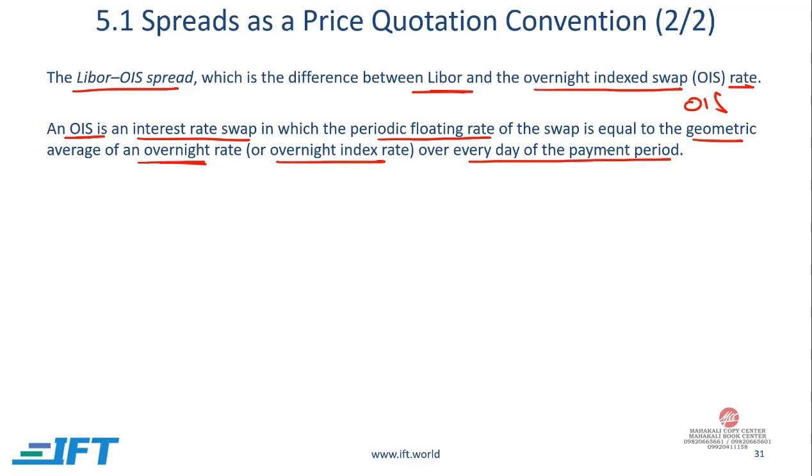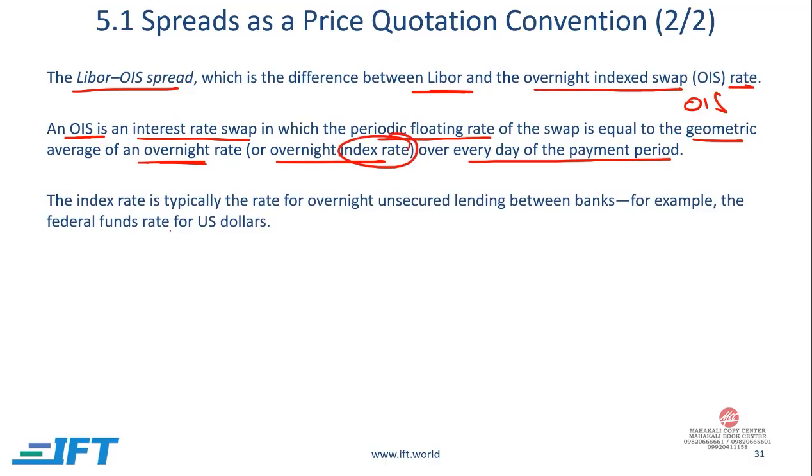So here, the floating rate is defined differently compared to swaps that we've discussed earlier. The index rate, which I mentioned here, is typically the rate for overnight unsecured lending between banks. For example, this is the federal funds rate for US dollars.